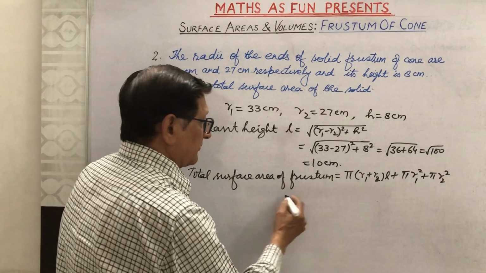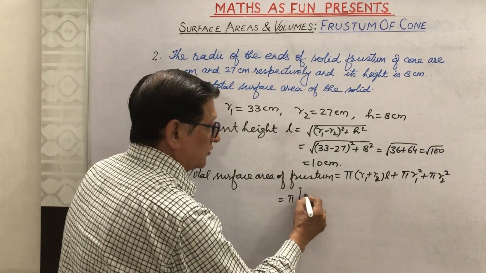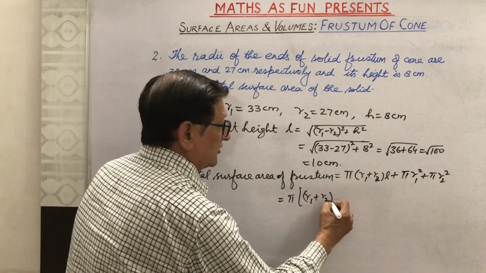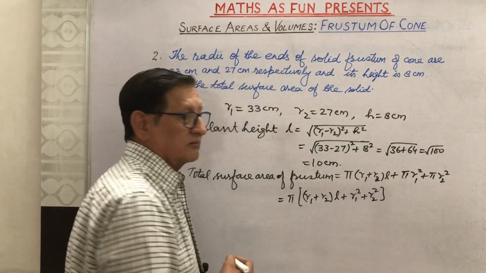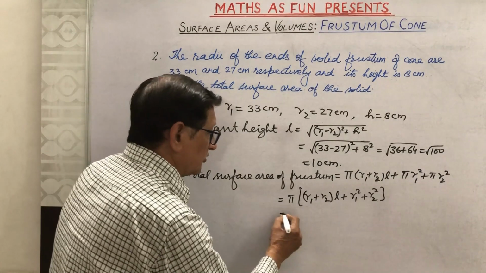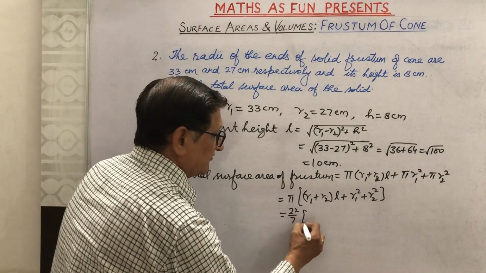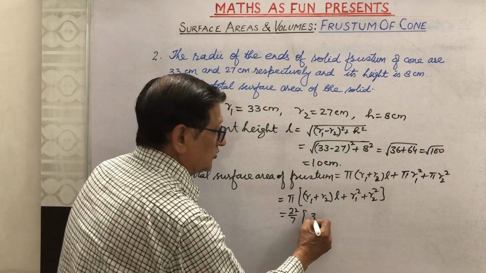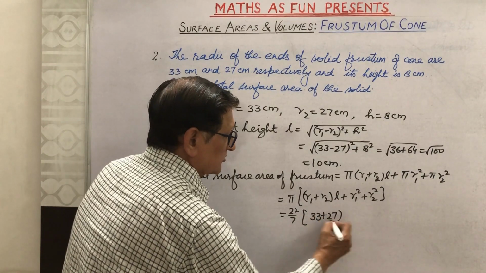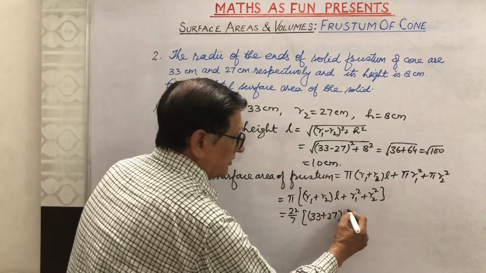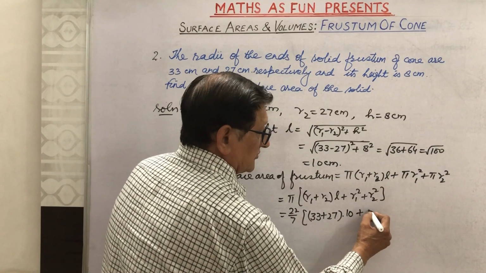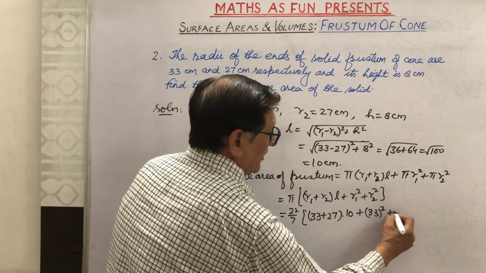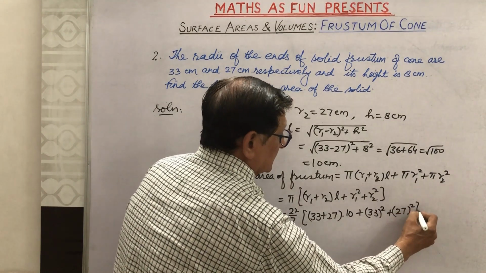If we want, we can take pi common. This is pi into R1 plus R2 into L plus R1 square plus R2 square. Substituting the values, we get here 22 by 7, R1 plus R2, this is 33 plus 27, into L, that is 10, plus R1 square, that is 33 square, R2 square, that is 27 square.